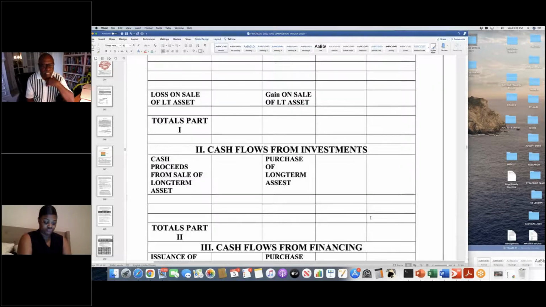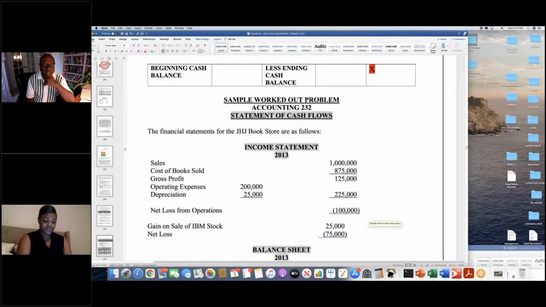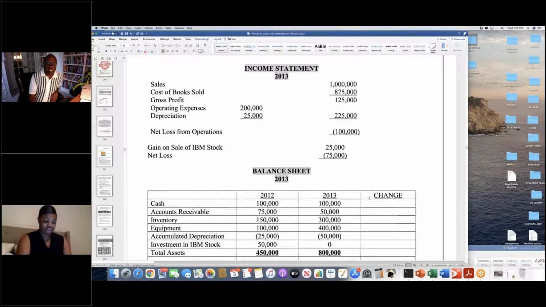So in preparing the cash flow statement, if we had this example that we were looking at, and this is the example we will look at next time, we look at the income statement and we look at all of these changes.